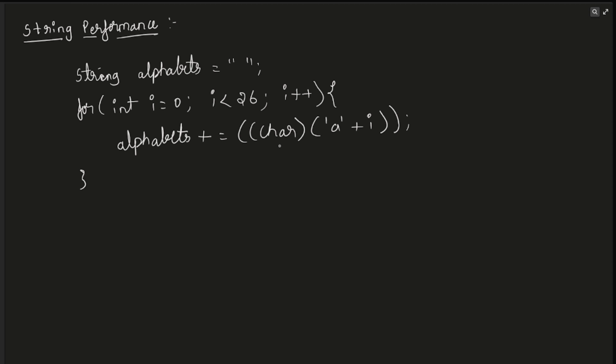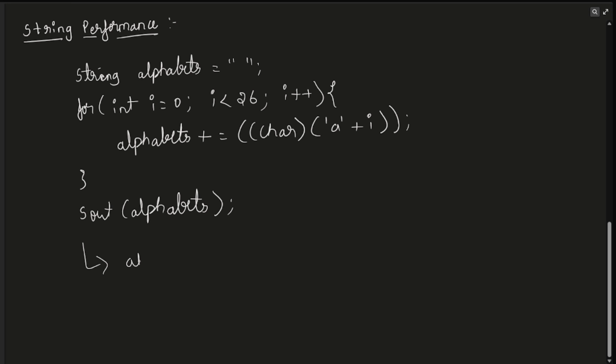And after appending all the alphabets, I'll just print it out after the for loop. The output of this program will be A, B, C, D, E, F, G, H and goes till Z.